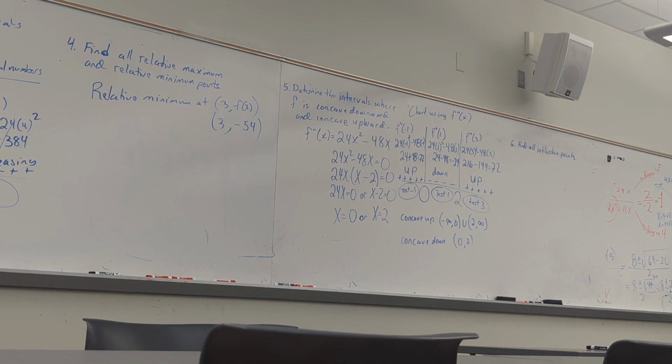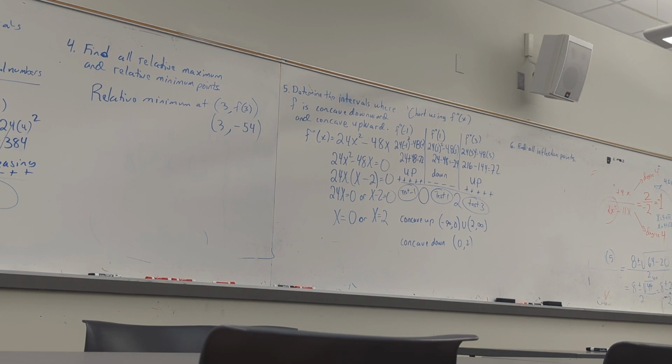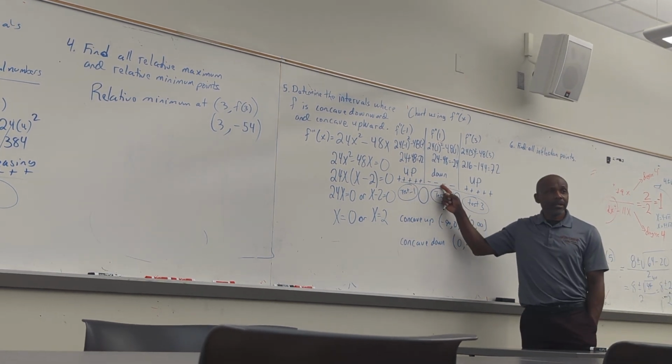Why do you say we have some? Because it's changing from up to down. You just see it changes concavity. This is up and this is down.